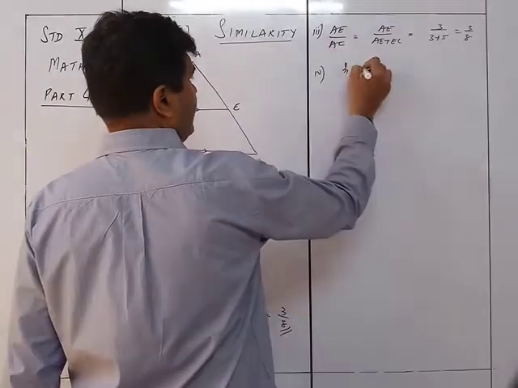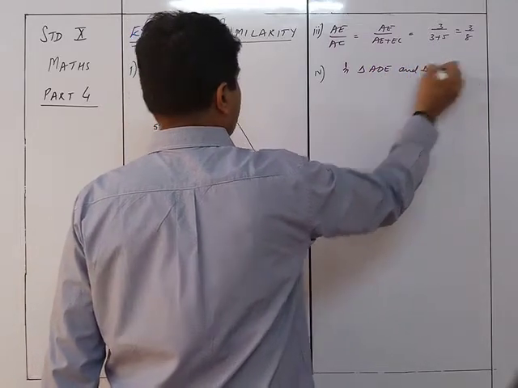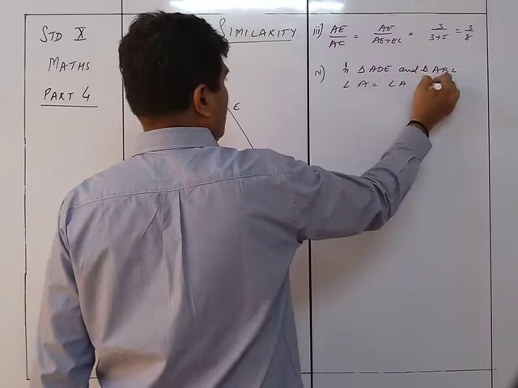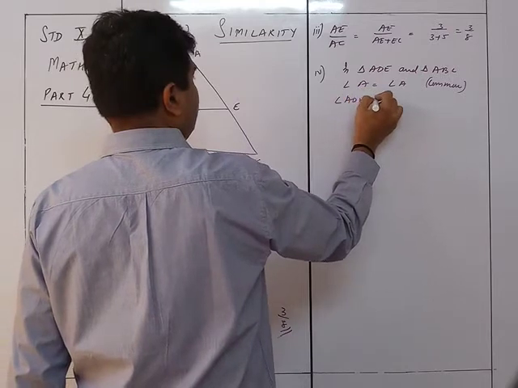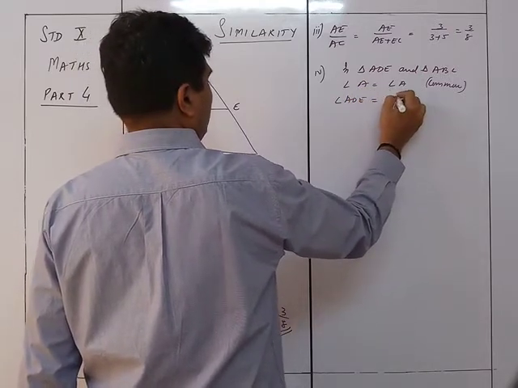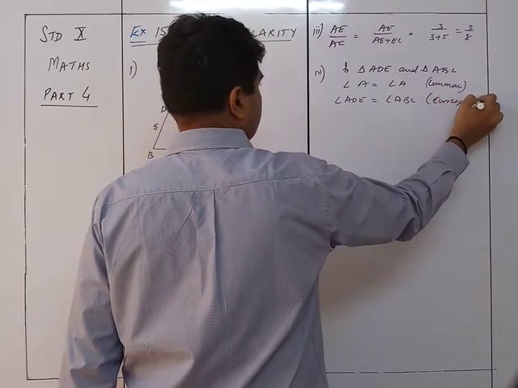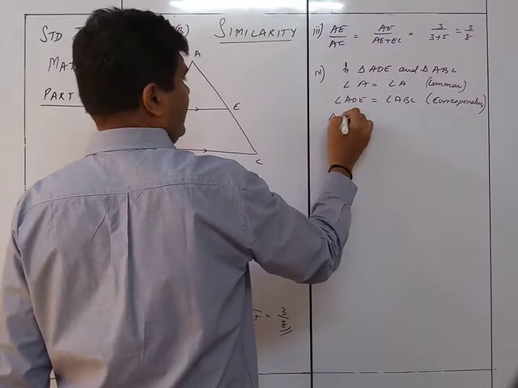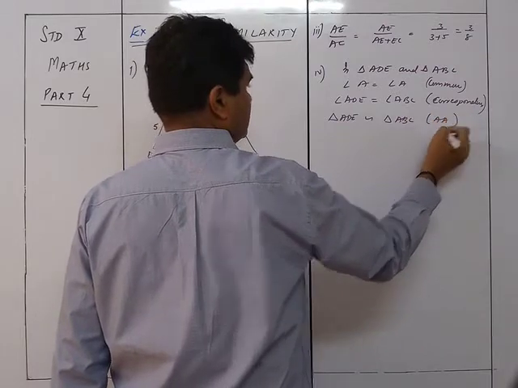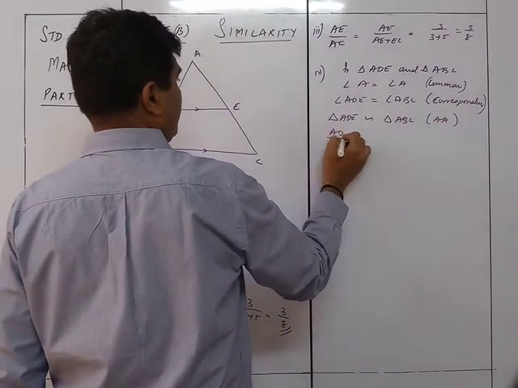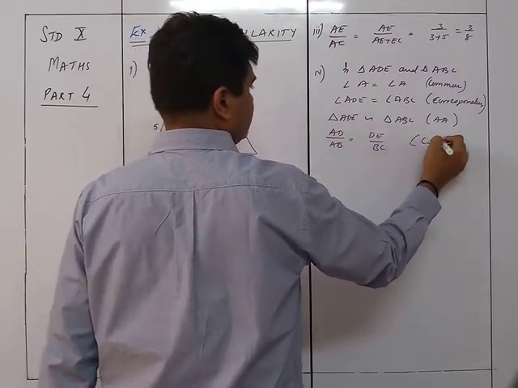So in triangle ADE and triangle ABC, angle A is equals to angle A, common, and angle ADE is equals to angle ABC, corresponding. So therefore triangle ADE is similar to triangle ABC by AA test. Therefore AD upon AB is equals to DE upon BC, CSST.